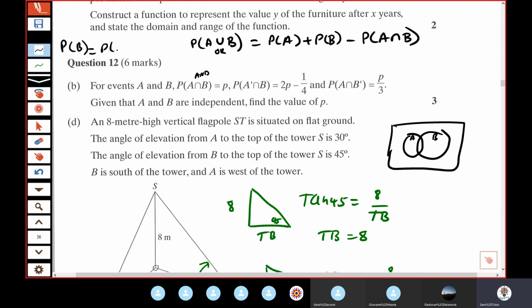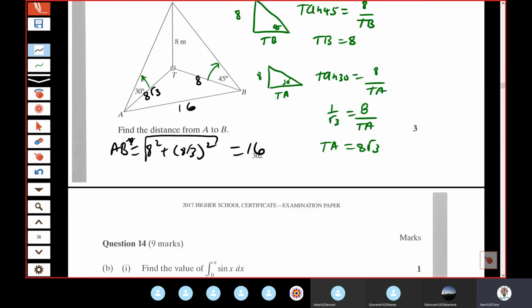Probability of B is equal to probability of A and B plus probability of A and not B. No, probability of A. Yep, it's probability of A. Why do I feel like there's a mistake with the independent bit? Give me a sec, just to make sure. If there isn't a mistake, then we'll do it.